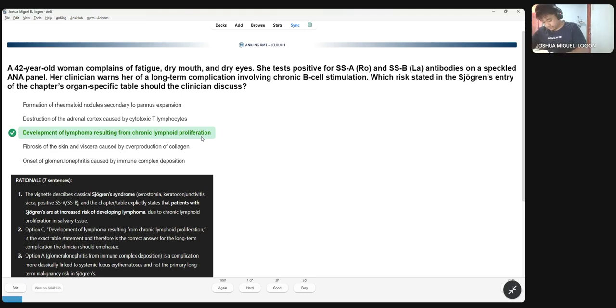Okay, it's fine, speckled pattern. Okay, it's a vascular. Lymphoid proliferation.